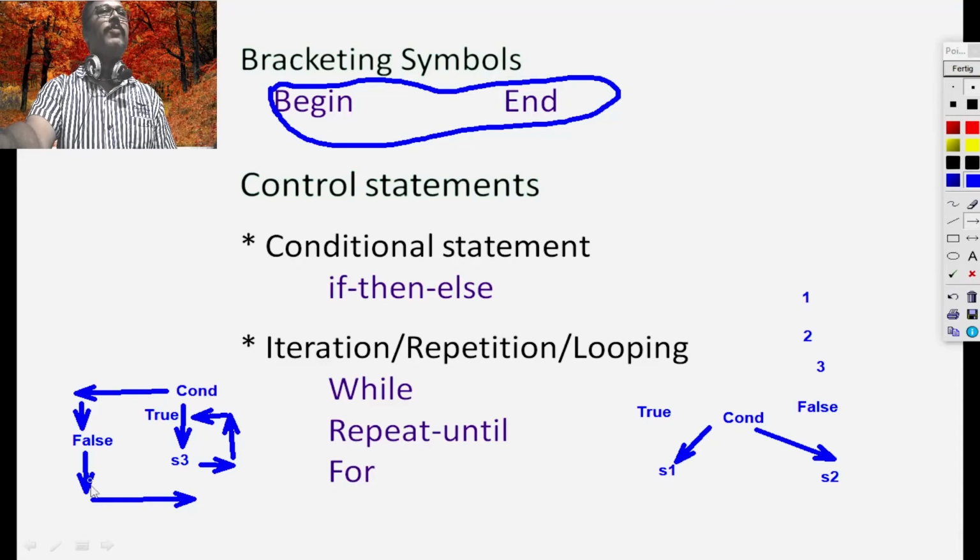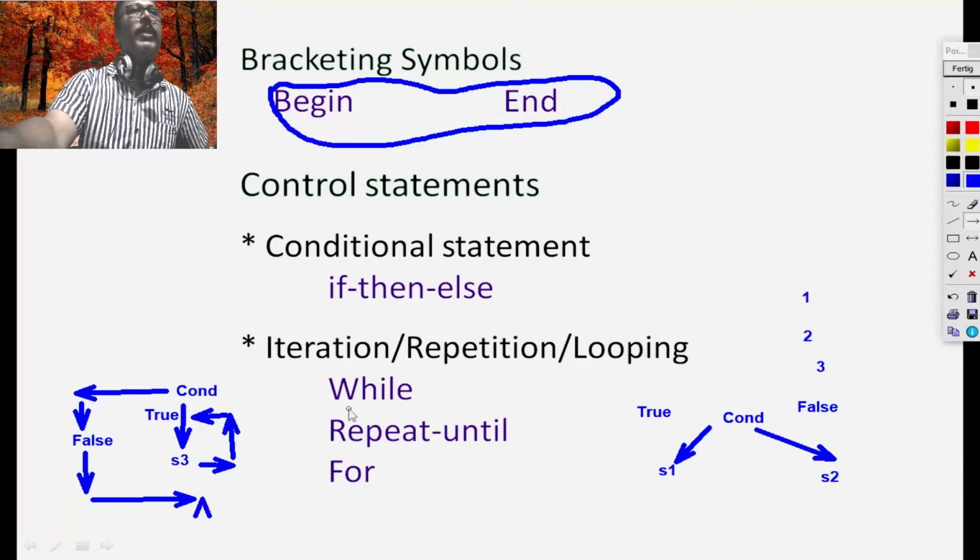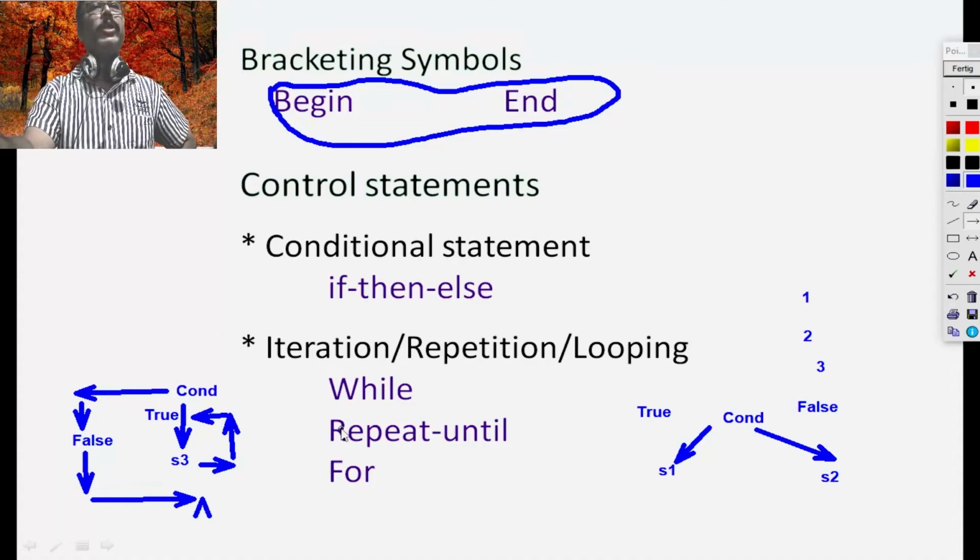If the condition is false, then we will not be executing this S3, we will be going to some other statement. So you have these statements for implementing iteration, repetition and looping. All are the same, just different words. But there is some minor difference between while, repeat until and also for. We'll see.